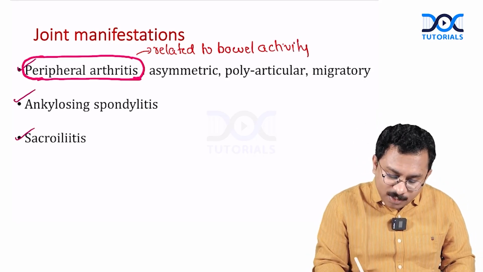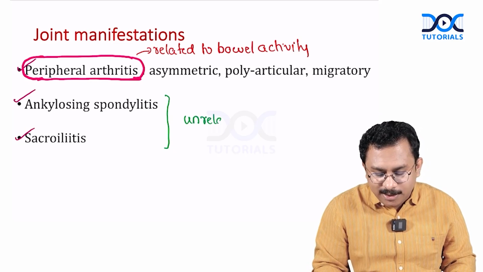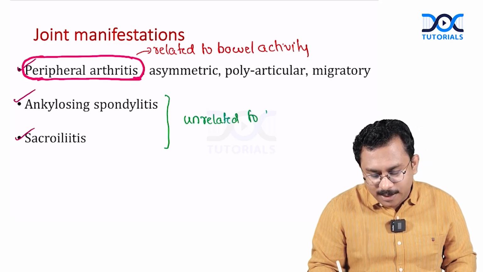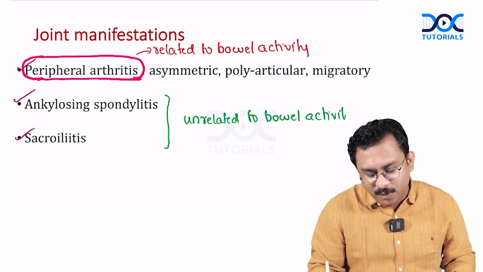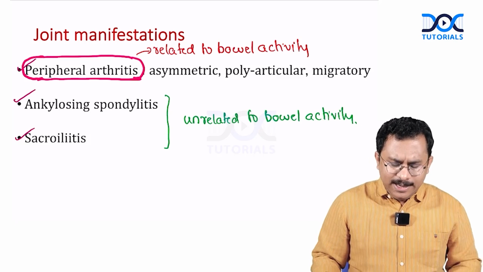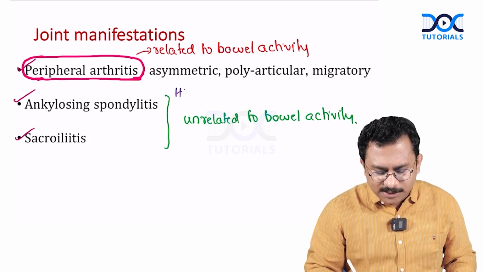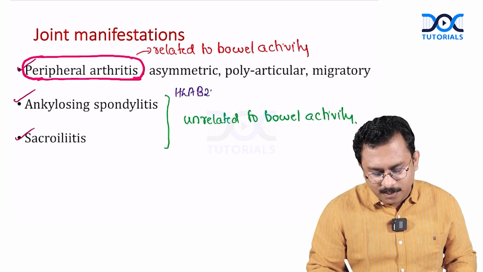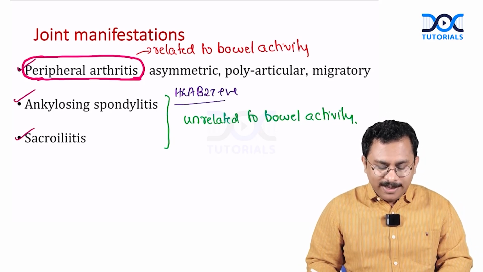Whereas ankylosing spondylitis and sacroiliitis are unrelated to bowel activity. So even when the disease is not very active, you can get ankylosing spondylitis and sacroiliitis. And some patients with ankylosing spondylitis can be HLA-B27 positive as well. Okay, right. So this is about the joint manifestations.